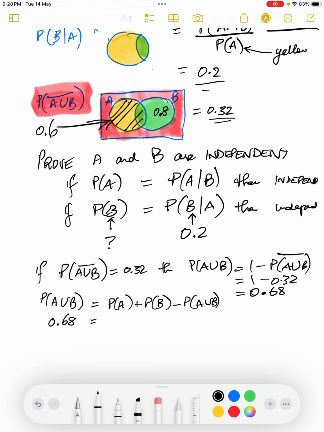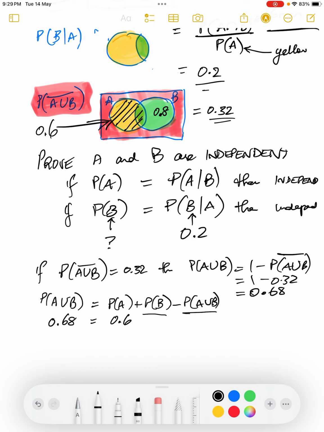The probability of A is 0.6. We don't know the probability of B. We only know the probability of B that's in there.